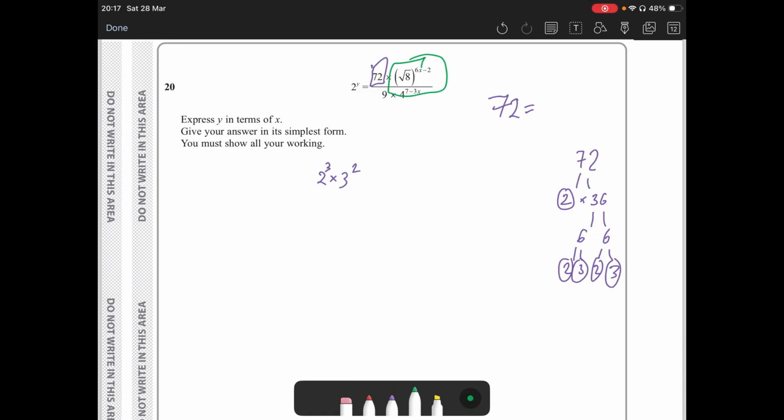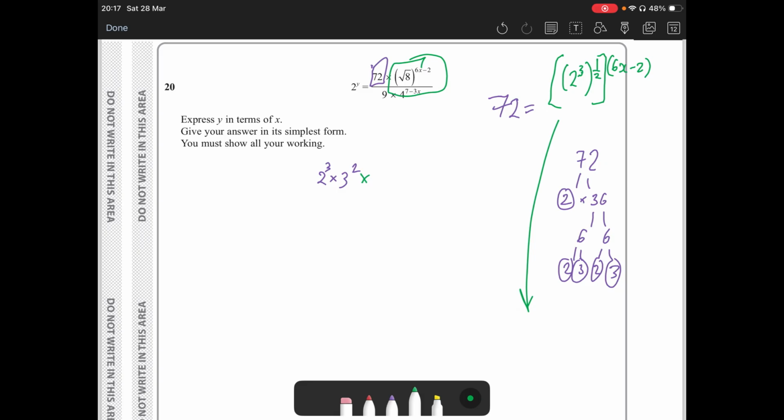Now, this bit here, be a bit careful of this, right? So you should remember that this 8 is just 2 cubed. And we also know that if you're square rooting it, it will be 2 to the half. And all of that is being raised to the power of 6x minus 2. So in essence, we're timesing 3 things together.